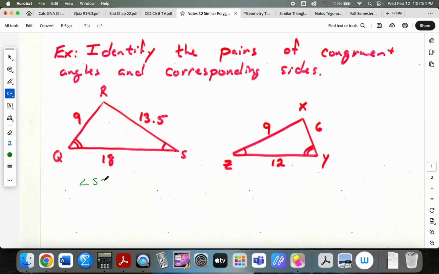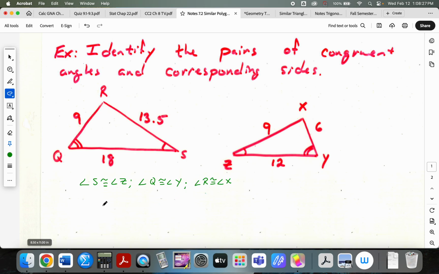So we'll say angle S is congruent to angle Z, and that angle Q is congruent to angle Y, and therefore angle R has to be congruent to angle X. Do you guys remember why that is? What theorem lets me know that this last pair of angles are congruent? Yeah, it's the third angle theorem.